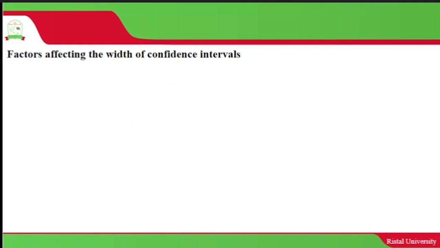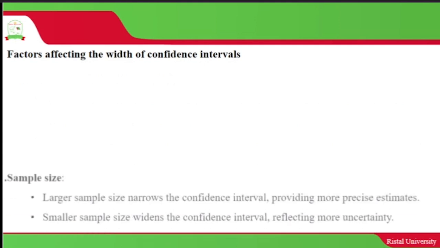So, what factors affect the width of these confidence intervals? What brings about the narrow confidence intervals? What brings about the wide confidence intervals? We shall look at just three, but there are many more that you can delve deeper into and get to understand.